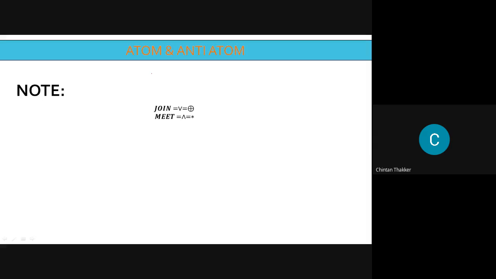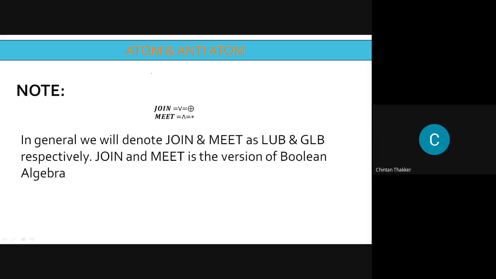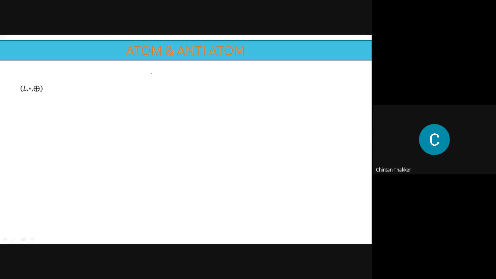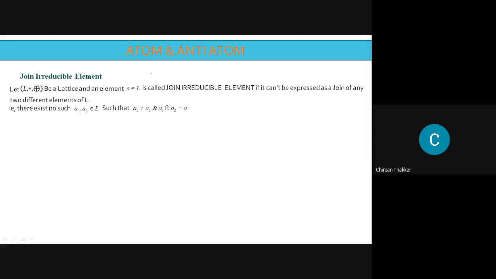Now here, join means you can say LUB and meet means GLB, for the Boolean algebra. Now we first define the join irreducible element.